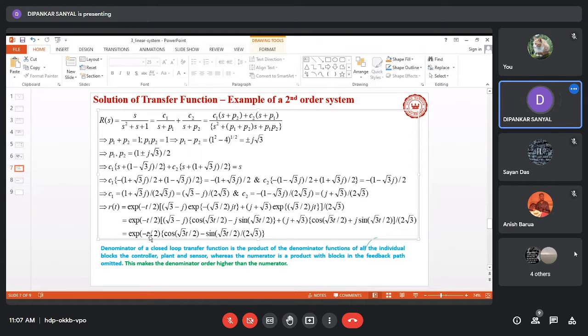And clearly, if this is negative, it indicates that the response will decay to 0 as time moves on. Because of the bounded nature of these periodic functions, the maximum value of the periodic function could never surpass their amplitude.